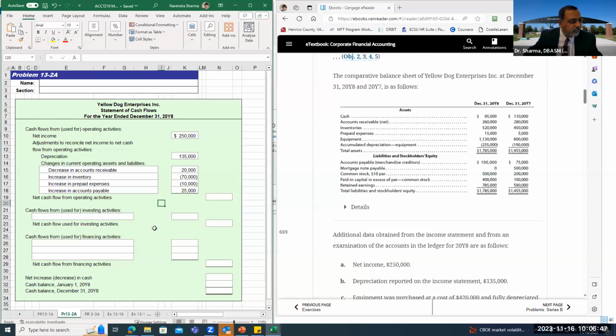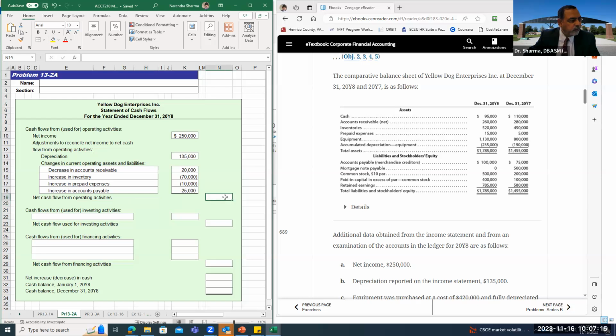So a decrease in accounts receivable is added, and an increase in accounts payable is also added, because they are opposite spectrums. An increase in current assets is subtracted. A decrease in current liabilities would also be subtracted, but we did not have one here.